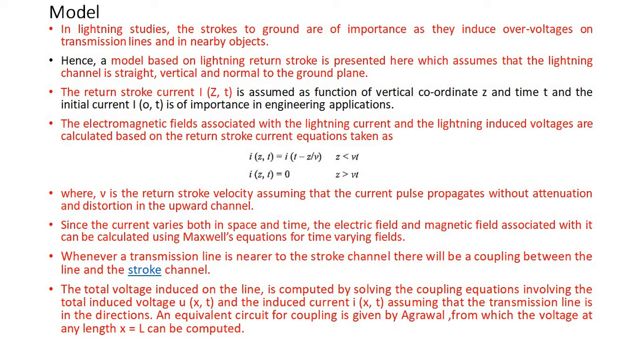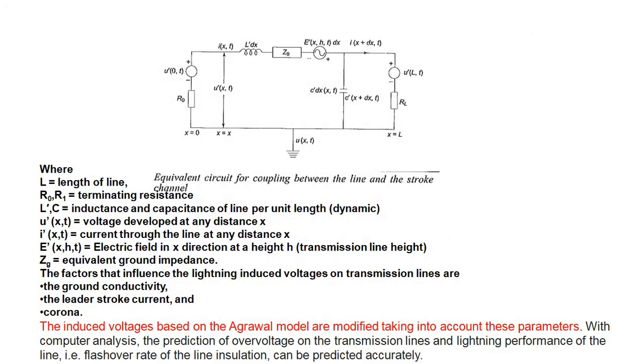Assume the transmission line is in the x direction. An equivalent circuit for coupling is given by Agrawal, from which the voltage at any length x equal to L can be computed.